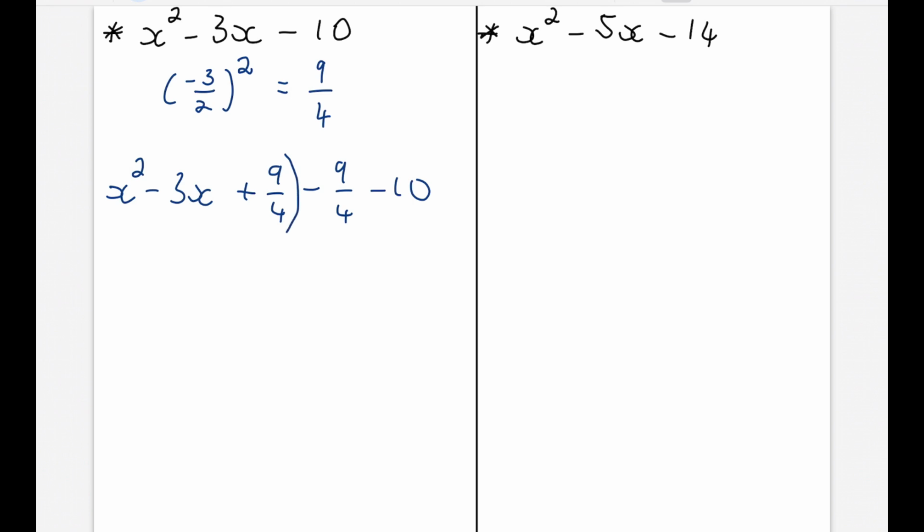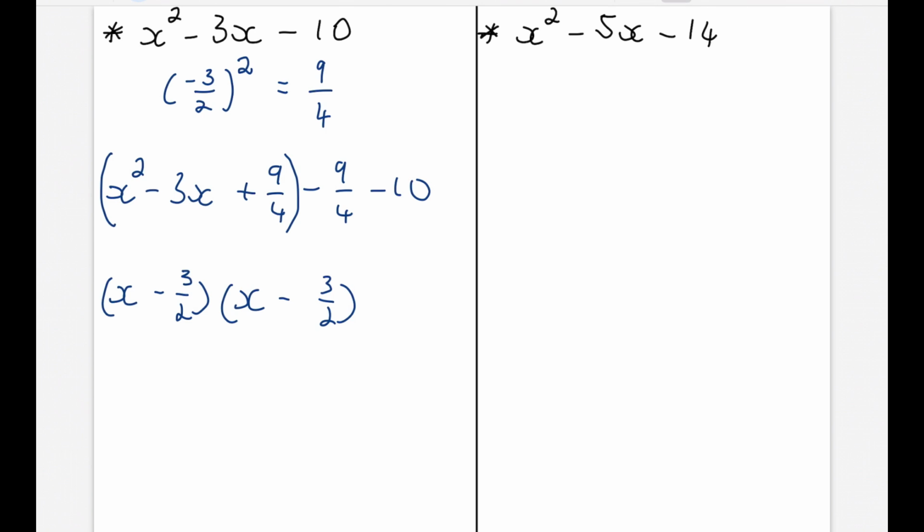Now we're going to look at the first three terms as a separate trinomial and factorize it. But like I said, you don't have to worry yourself about, okay, what are the factors of 9 over 4? That sounds confusing, doesn't it? You simply have to put x here and put x there. Then find the square root of 9 over 4, which is just 3 over 2.